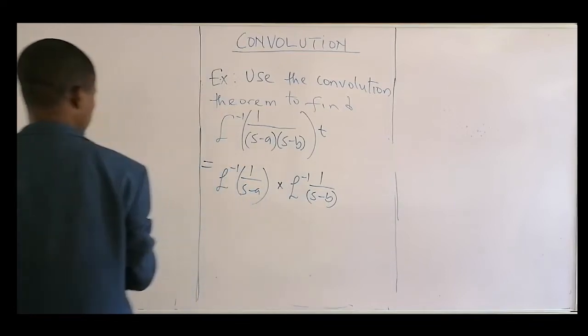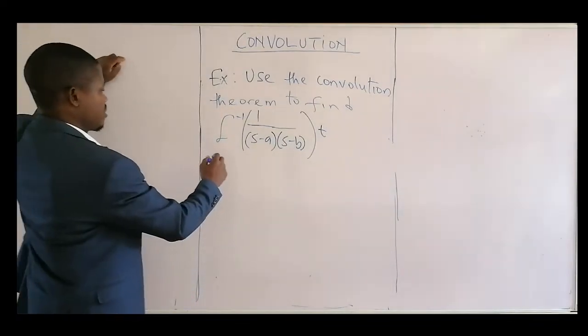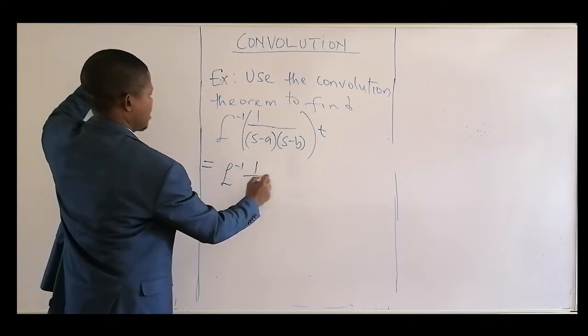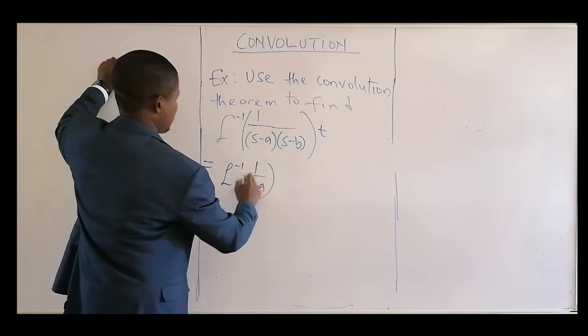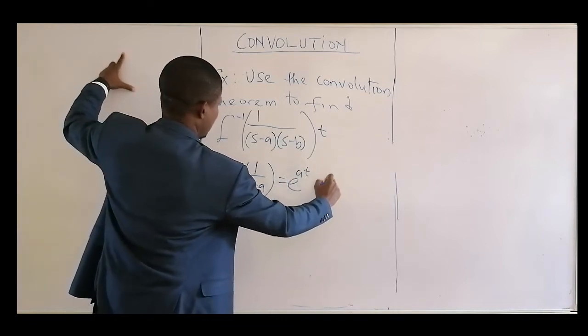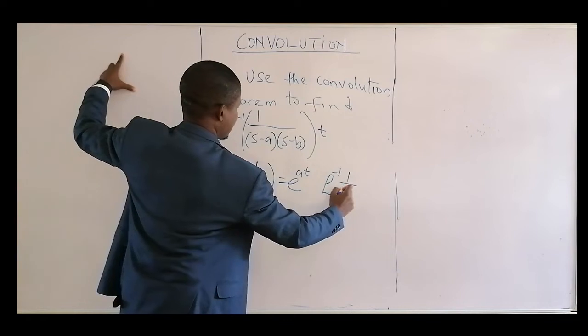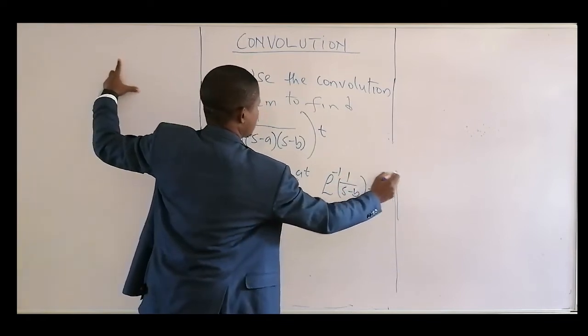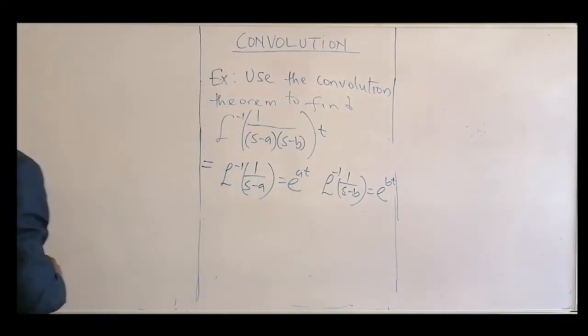Yeah, split it down into two. We just have to note that the inverse of 1 over (s minus a) is e^(at), and the inverse of 1 over (s minus b) is e^(bt). We just have to note that.